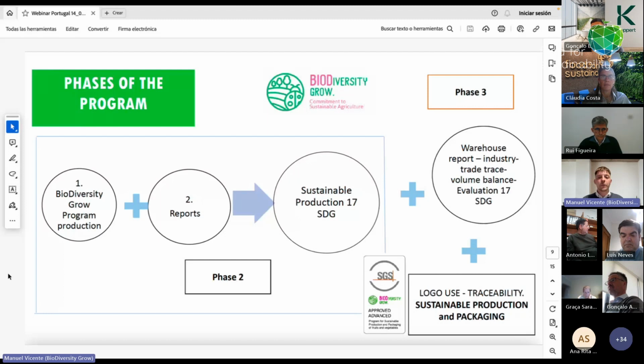So we measure different indicators regarding sustainability in the packing houses as well. So at the end, what we bring to the producers and to the companies working in the agri-food or horticultural sector is a final product that they can communicate to the final consumer, with a standard that is firmly committed to sustainability, not only in the field but in the whole value chain.